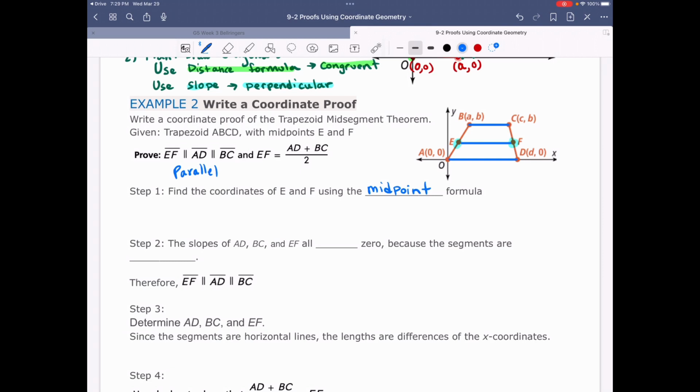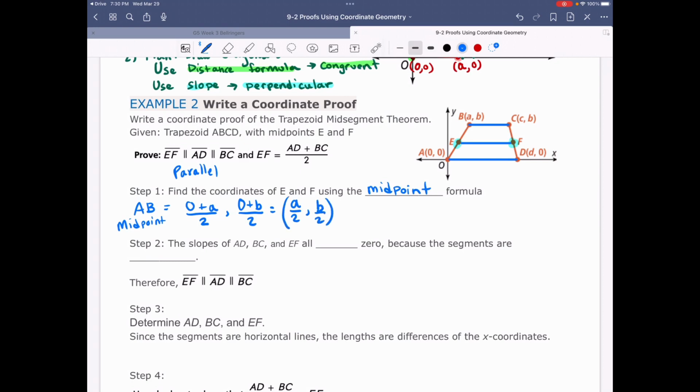All right, so we will find the coordinates for A to B. The midpoint of that is going to equal the x's added together, so 0 plus a divided by 2, and the y's added together, 0 plus b, divided by 2, which simplifies to just a over 2, comma, b over 2.